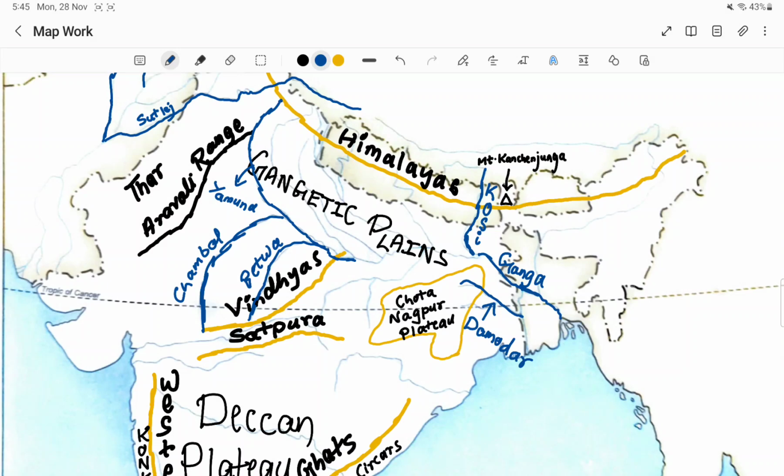So this will be the Brahmaputra River, but we cannot mark this river because just before entering India, it is not the Brahmaputra River, rather it is known as the Sangpo River. So just below the borders of India, we can call this river the Brahmaputra River, and it will join the river Ganga and will form the Sundarbans over here. So this river is the Brahmaputra river.